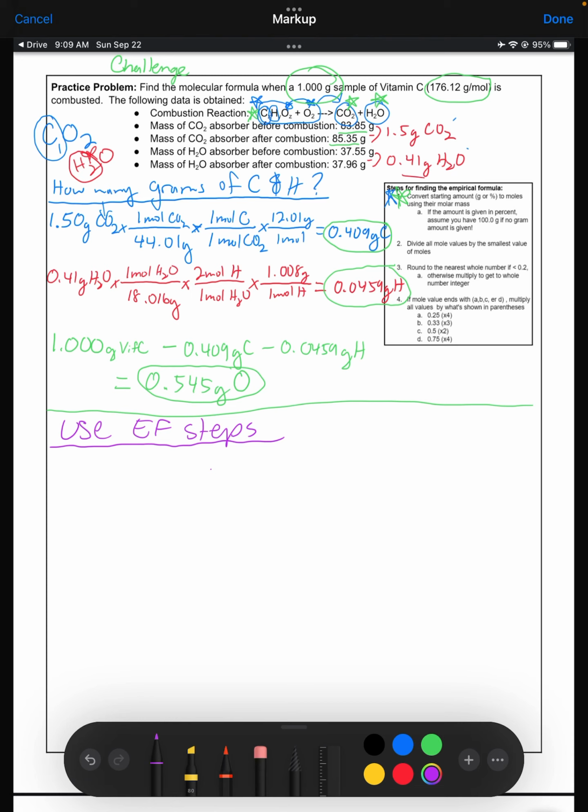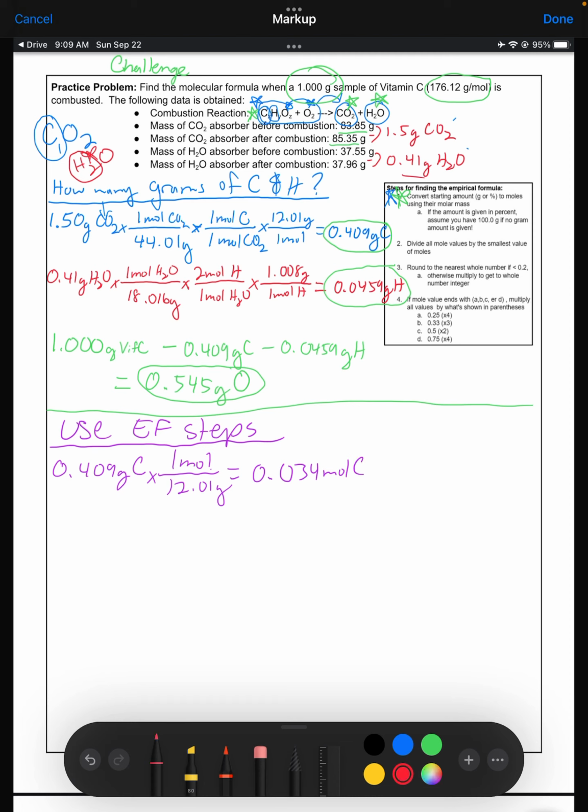So I'm going to take 0.409 grams of carbon and convert it to moles, and that is going to give me 0.034 moles of carbon.